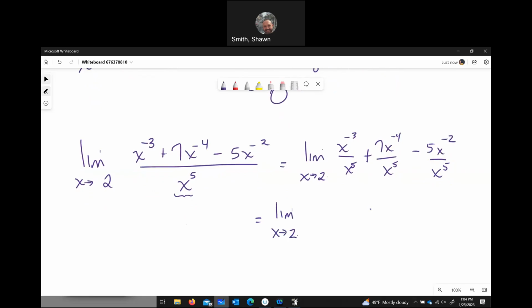Now remember, a negative exponent just means that the base of that exponent will move and become a positive exponent wherever it moves to, right? So this is in the numerator. It's going to go down to the denominator and become x cubed. So now this first term will be 1 over x to the eighth.